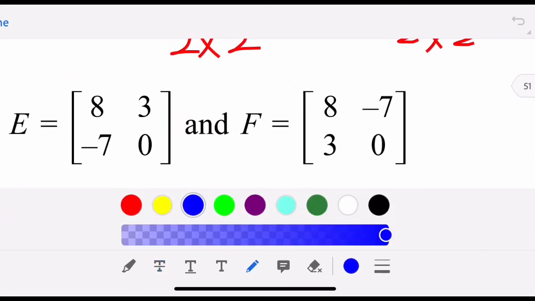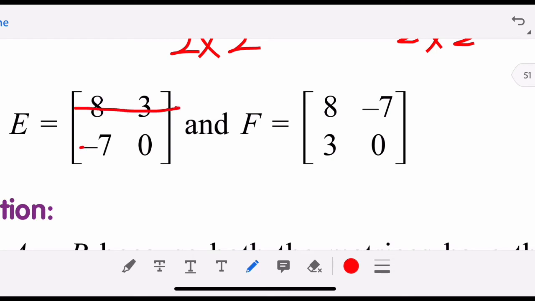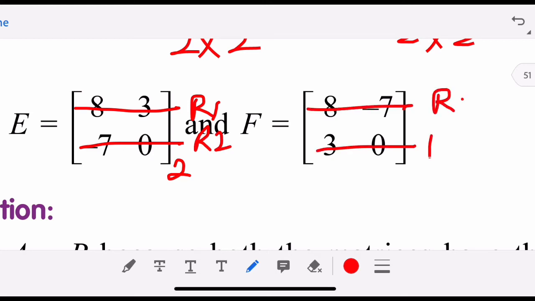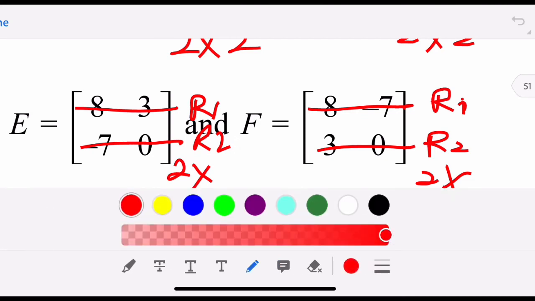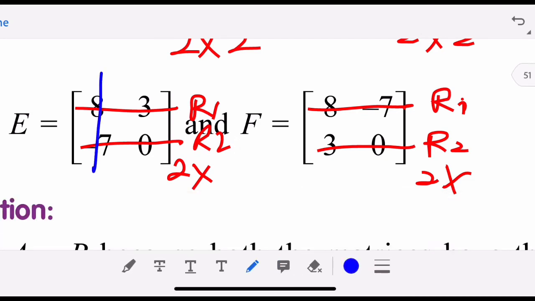For this one, let's check it out. The order is 2 rows, row 1, row 2, right? This also has row 1 and row 2. Let's check out the columns. The column should be a vertical line, so 2.